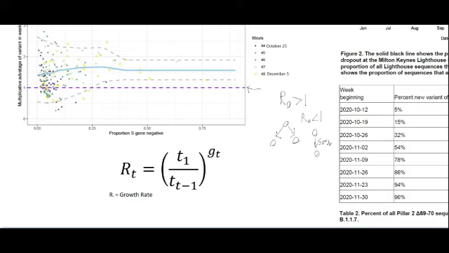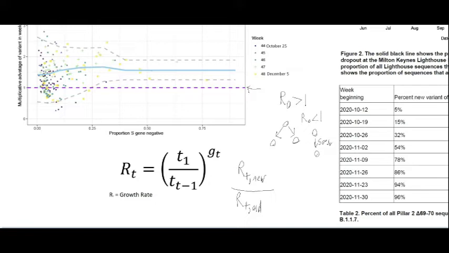And then to get this, they do this for t and t minus 1 for the new variant. And then they also do it for the not new variant. And then they take those two R_t's, so the R_t, we'll say, comma, new, and divide it by the R_t, comma, old. And that is how they actually get this here.